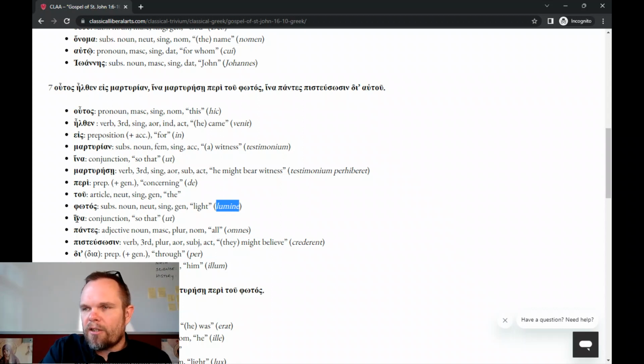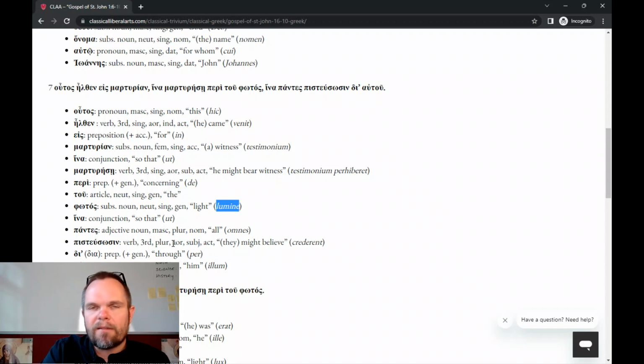Then we have the conjunction hina again. Hina, so that, this was his purpose, so that pantes, it's an adjective, means all, and it's masculine. So all, and we can understand men, so that all men pisteusosin. Pisteusosin. This is a third person plural verb.